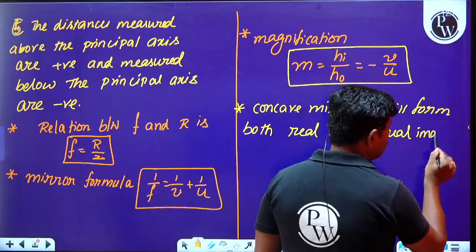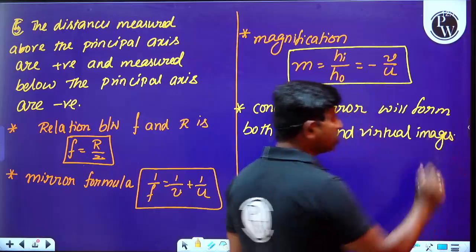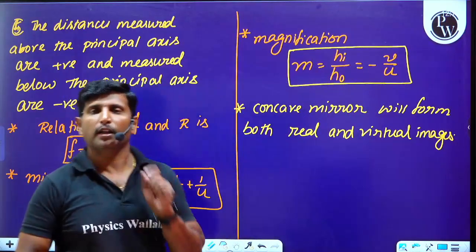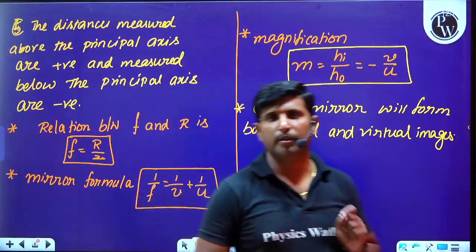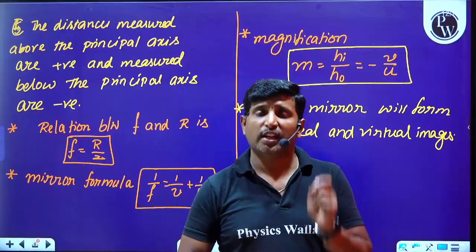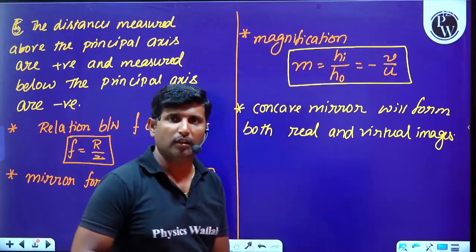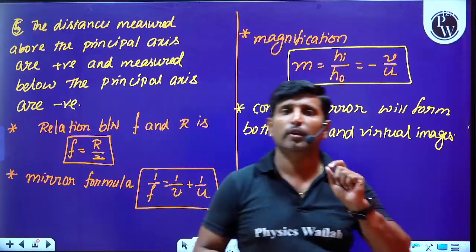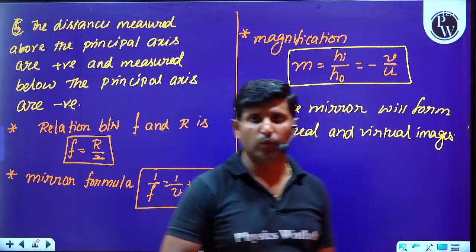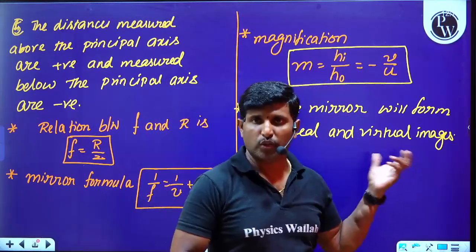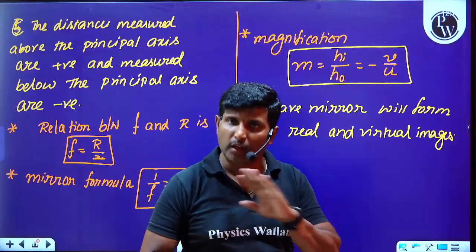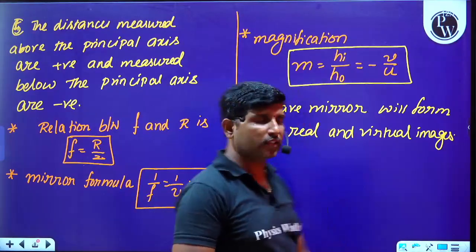We have learned what a real image and a virtual image are in the earlier sections. Real images are the images which can be caught on the screen, and real images are always inverted. Virtual images cannot be caught on the screen.